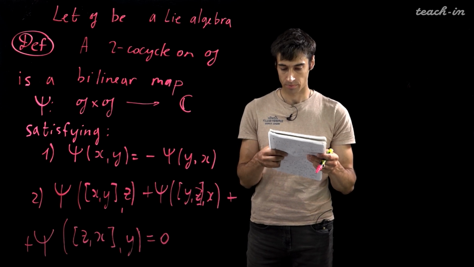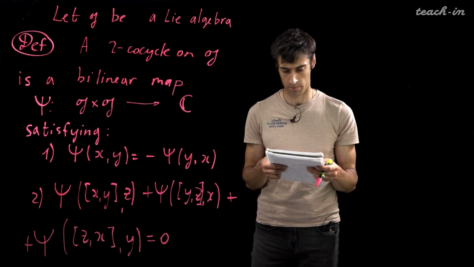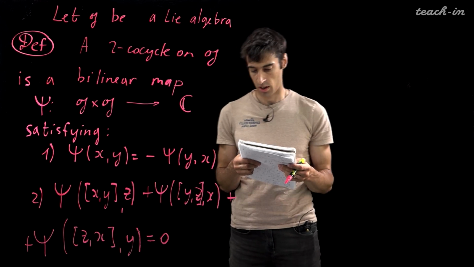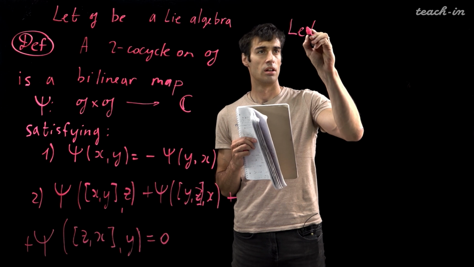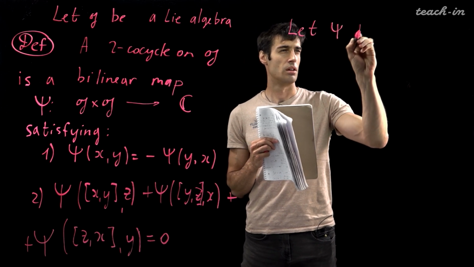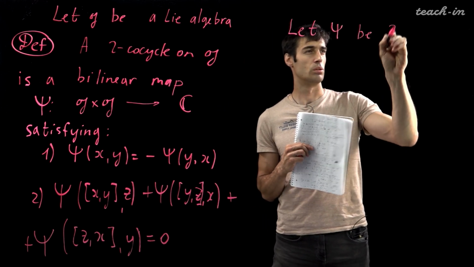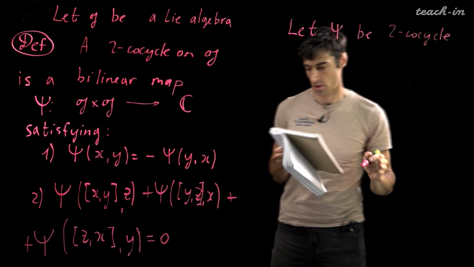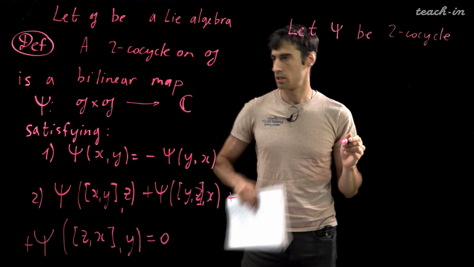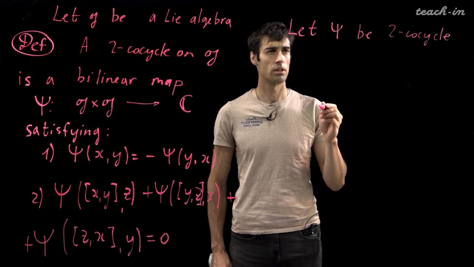And so let us fix some 2-cocycle psi on G, and let me introduce a new Lie algebra.